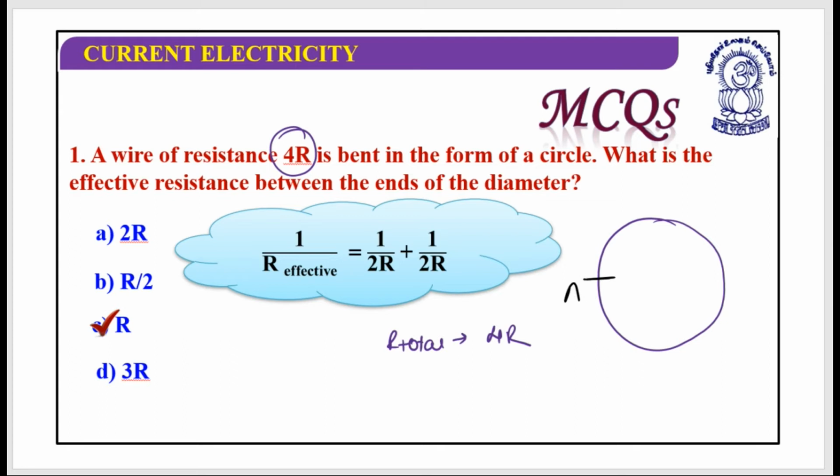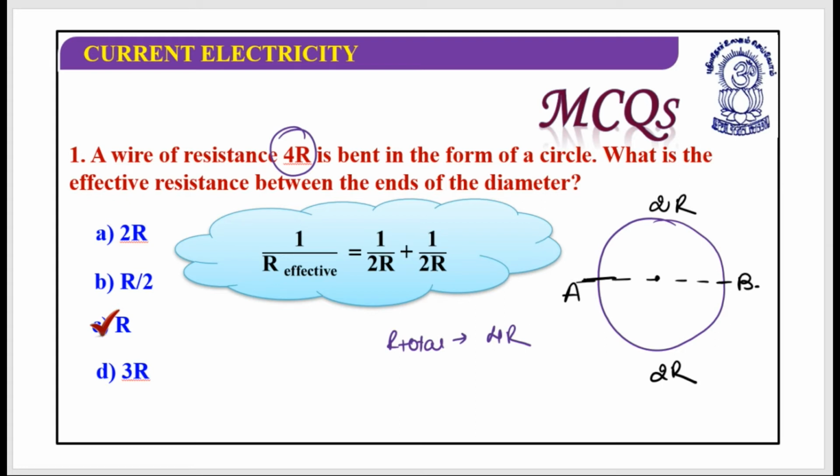Let's suppose I have picked this one point, and I choose a diameter, so I picked this second point. This is the center point. If I consider this A and B, then the resistance of this wire is 2R and the resistance of this wire is 2R, because it has been divided into two parts.